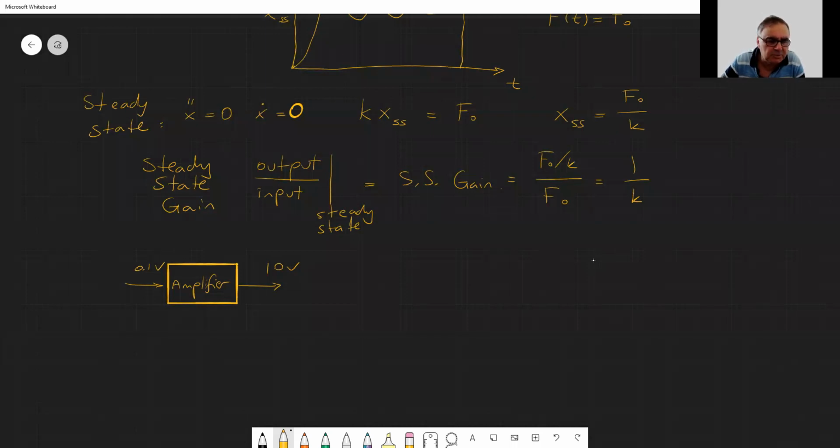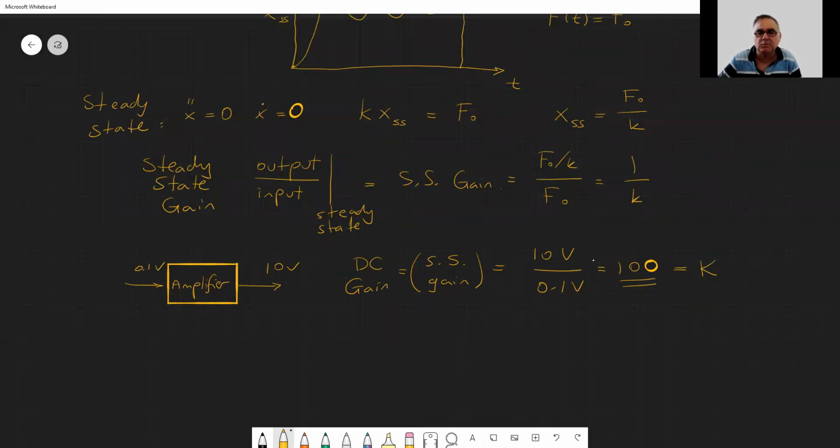If your input is 0.1 volt, output is 10 volt, the DC gain, which is equal to the steady state gain, is output, which is 10 volts divided by 0.1 volts is 100. Okay, this is the so-called gain value, the steady state gain value, or the DC gain value of this system.